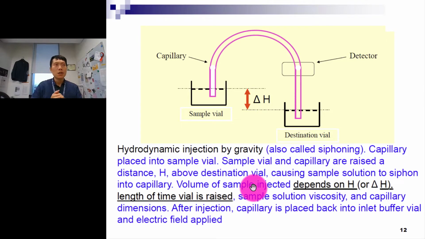Now we think of the practicality of these three different kinds of injection, right? Hydrodynamic injection. If you are using difference in height, what happens is you need to have an elevated platform here. You need to have a system that can allow the delta H to shift. But how high can you get, right? And the more you shift, the capillary, it is flexible, but how much do you want to play around with it?